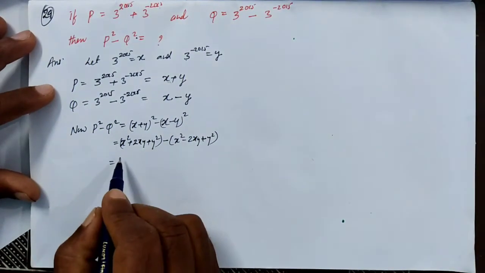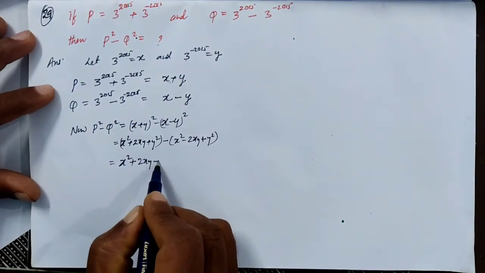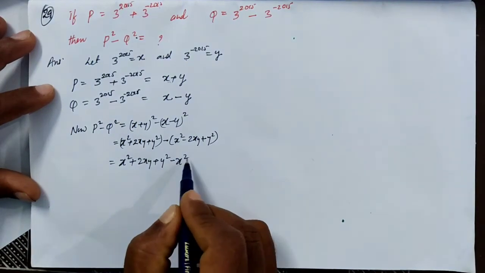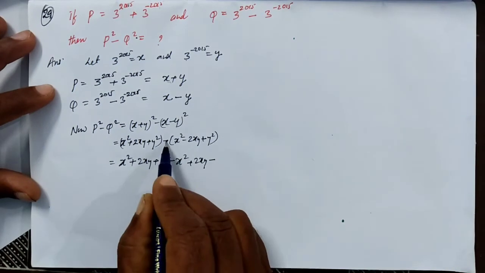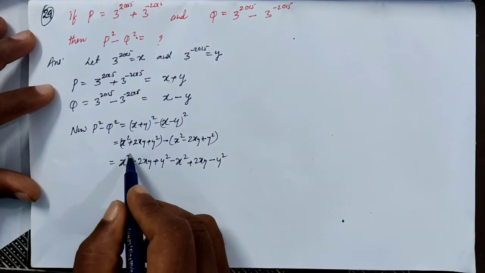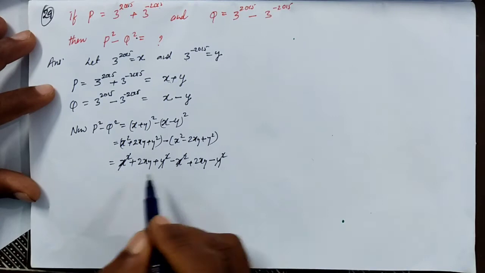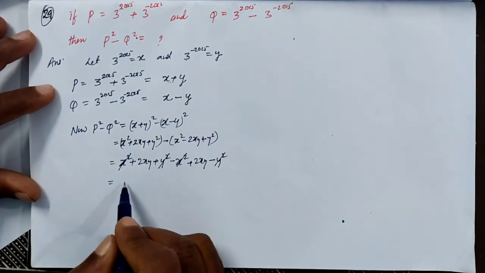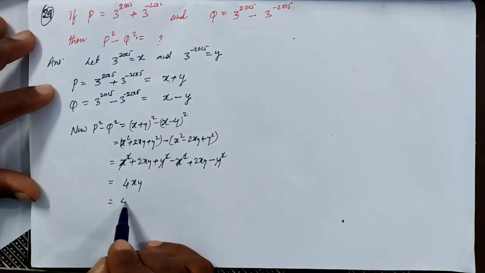So open the bracket: x square plus 2xy plus y square, minus x square plus 2xy minus y square. Plus x square minus x square gets cancelled, plus y square minus y square gets cancelled. This is 2xy and this is 2xy, both are positive. So 4xy.